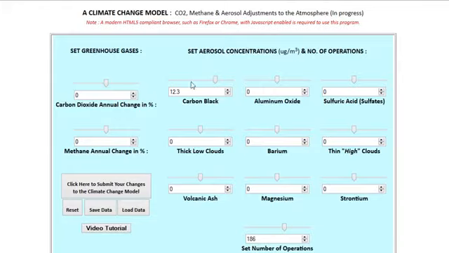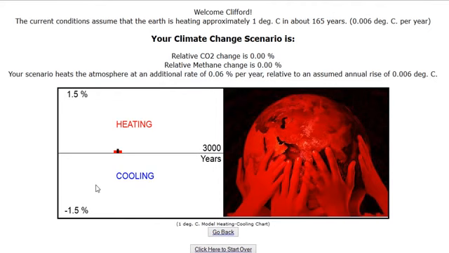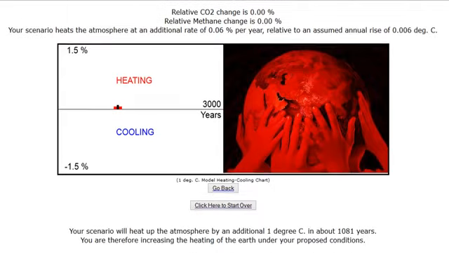Now, notice that I don't have any of the greenhouse gases in this picture yet. So one of the reasons that this number will stay fairly low is because it's not tied in with any greenhouse effect.